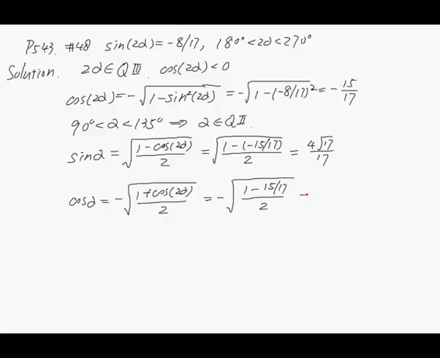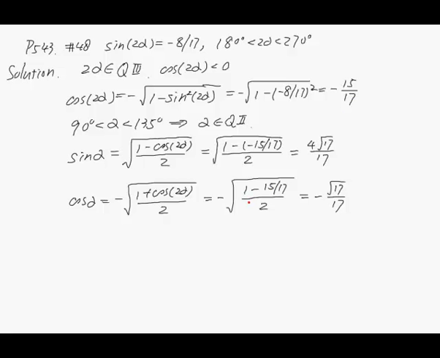Then you have the negative square root of 17 over 17. Cosine of 2 alpha is equal to negative 15 over 17. So this is 1 plus the cosine of 2 alpha. You got 1 minus 15 over 17.